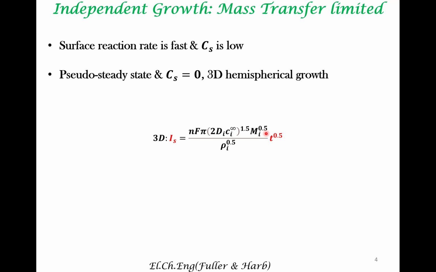In this context of crystal growth, we are discussing. However, in battery research and supercapacitor discharge times and so on, this t to the power of half will show up. Whenever such a scaling occurs, you should get an idea that some aspect of diffusion is important.